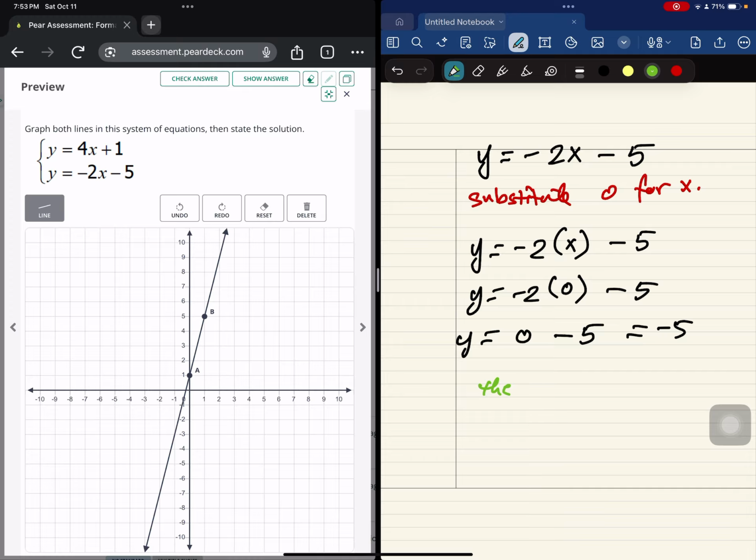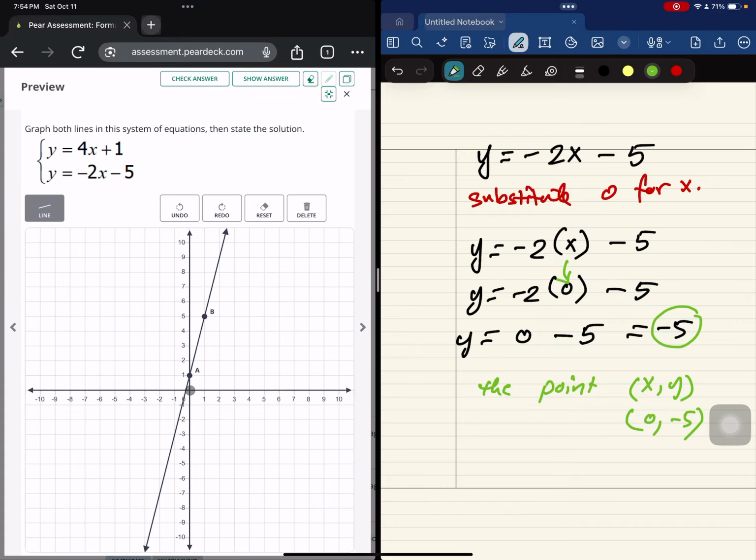Finally, we see the point x and y: because we substitute x as 0, x is equal 0, and because the calculation showed that y equal -5, the point will be (0, -5), and we can move the point from calculation to the graph simply like this.